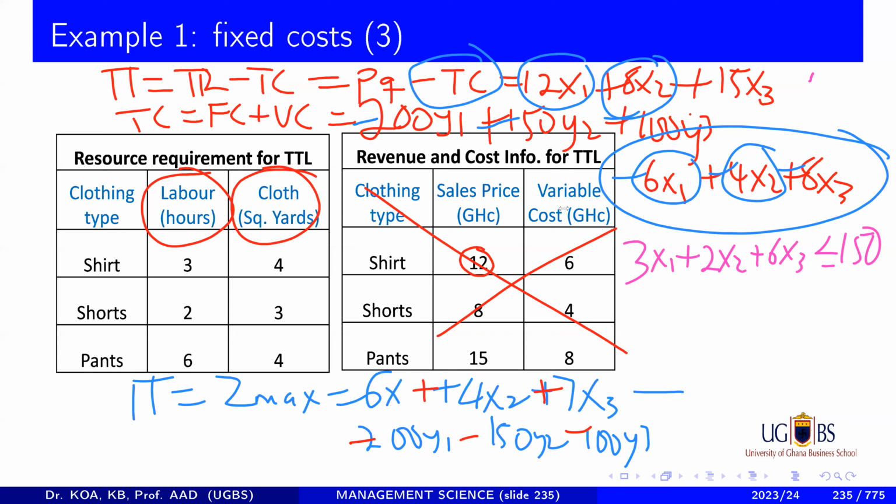Okay, that would be 4x1 plus 3x2 plus 4x3 less than or equal to 160. Good. Now, what other constraint is left?